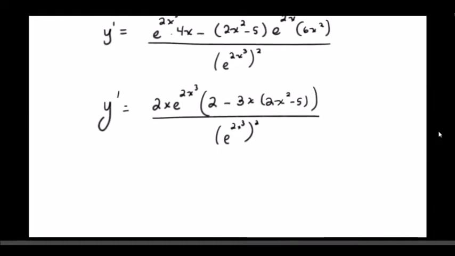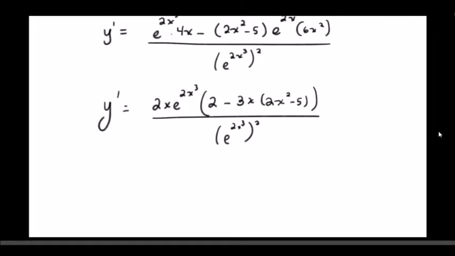So if you distribute the 3x here, oh, and at the same time, something else to consider. Here we have an e to the 2x cubed that's been factored out, so now it can simplify a term in the bottom. Here we have e to the 2x cubed, and there's 2 of them because it's being squared. So this e to the 2x cubed is going to cancel with one of them on the bottom.